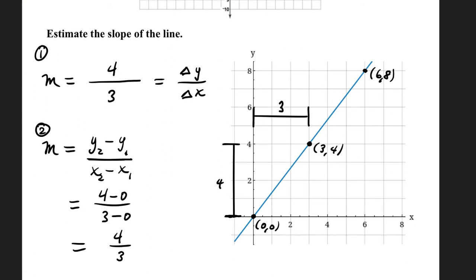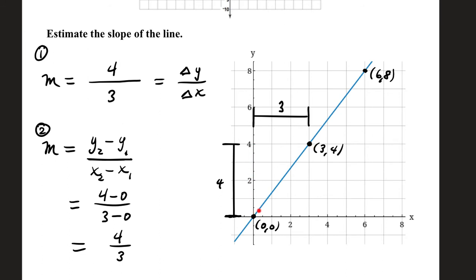Estimate the slope of the line. Now we'll do this in a couple of ways. One way is by picking out two specific points, and I went ahead and labeled 3 for you in class. You can pick any 2 points that are on a line. Investigate the vertical change from one dot to the next.